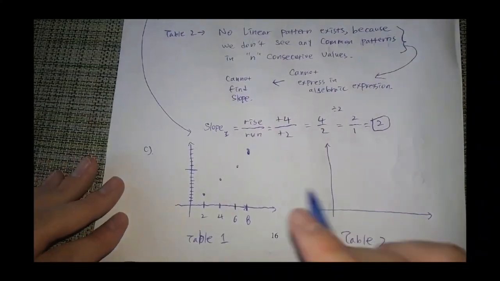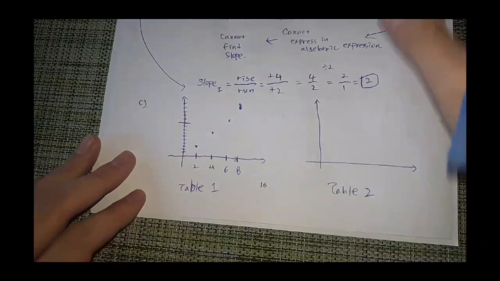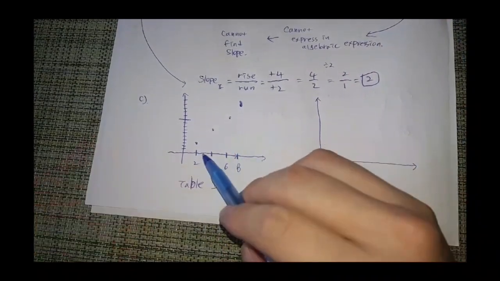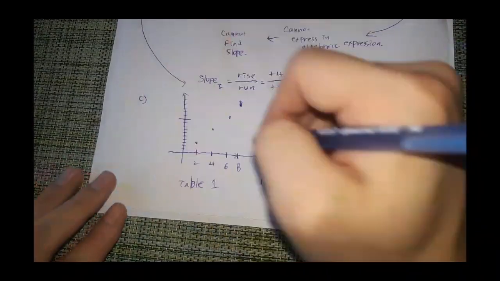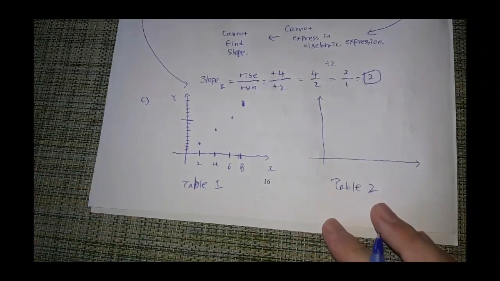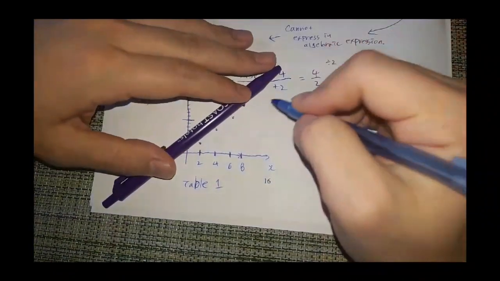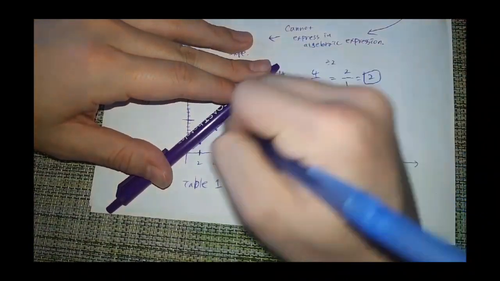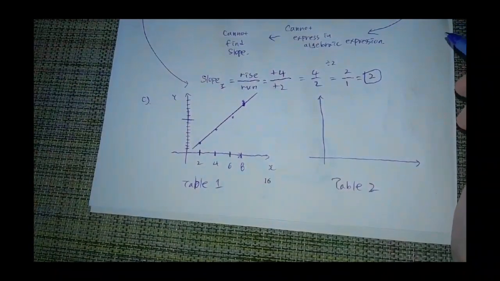As you may notice, sorry, it's a little ugly graph over here, but we have the values of the first table, x, y, and then we can actually connect it into a line to show that linear increase.